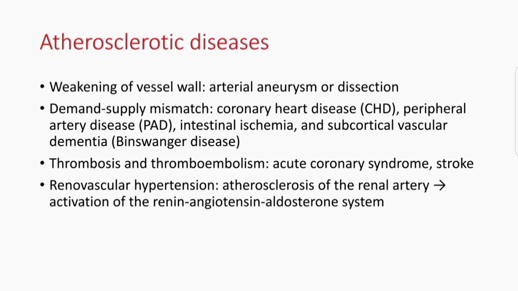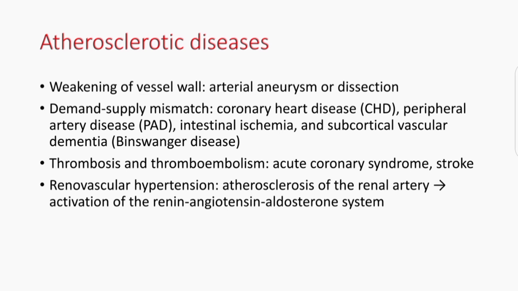And this is manifested in the case of coronary heart disease, peripheral artery disease, intestinal ischemia, and subcortical vascular dementia, also known as Binswanger disease. There can also be thrombosis and thromboembolism, like in the case of acute coronary syndrome, like myocardial infarction, and also in the case of stroke.